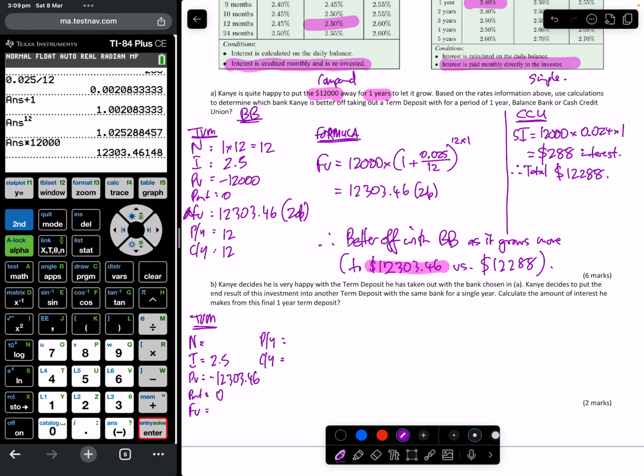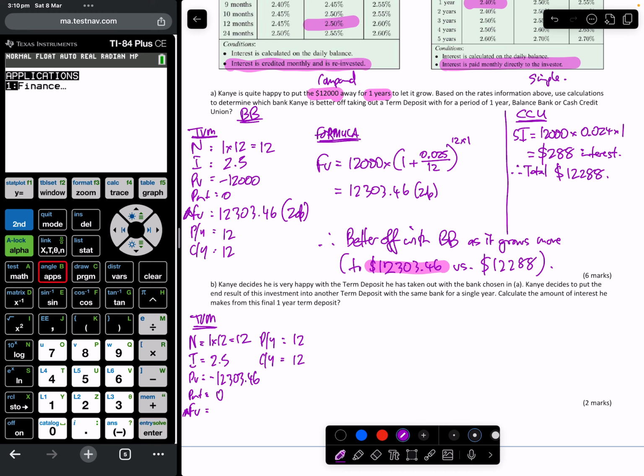No payments. Solving for FV. PY and CY are still both 12. 1 year times 12 is equal to 12, obviously. Apps, finance, TVM, 12, negative 12,303.46. Alpha, solve: 12,614. That's going to round to 0.60 to 2 decimal points.